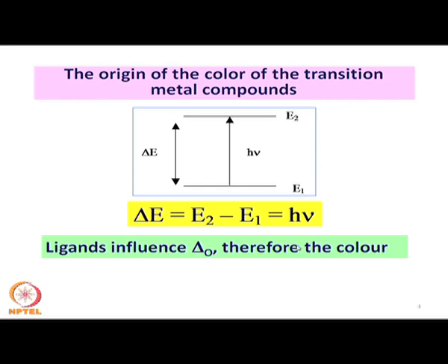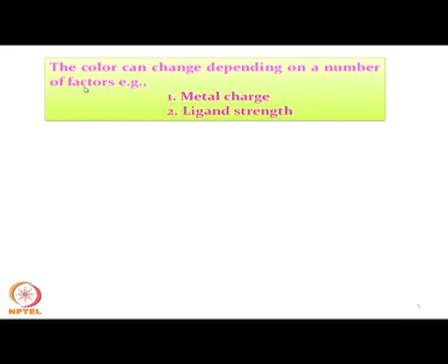We are not going to change the oxidation state immediately, but we can change the ligands from one to another. So, the color can also depend on a number of factors such as the metal charge and the ligand strength. Metal charge we have seen right now, with vanadium from oxidation state 2 to 4, as we oxidize the center, we have different types of interactions with the surrounding ligands.